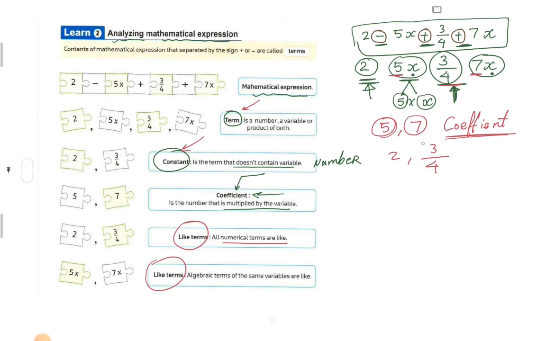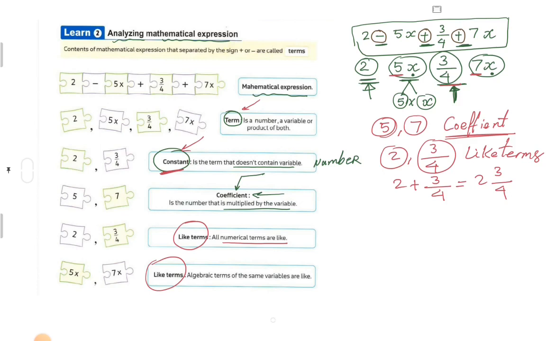Yes, they are constants, right? So all the constants I can call like terms. Why? Because I can perform the addition operation on them. Yes, 2 plus 3 over 4 equals 2 and 3 over 4, right?